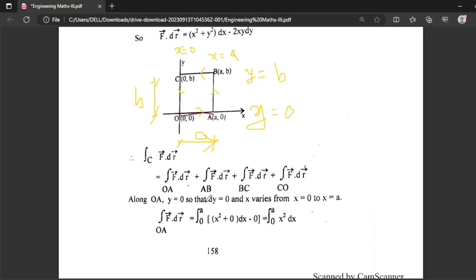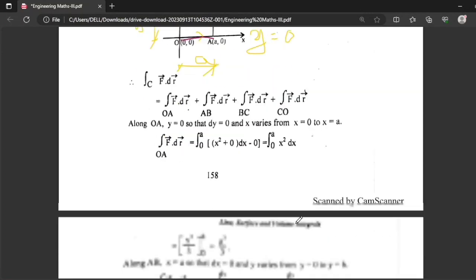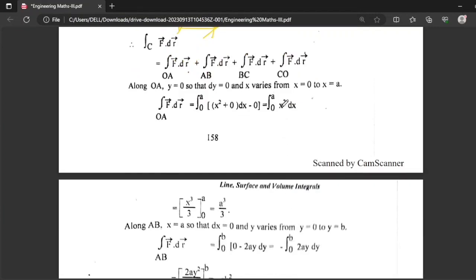So it is the integral from 0 to a of x square dx. Integration of x square is x power 3 divided by 3, with limits from 0 to a. Plugging in the upper limit, it is a cube by 3, and the lower limit is 0 cube by 3, which is 0.